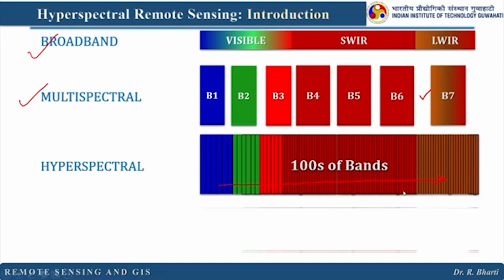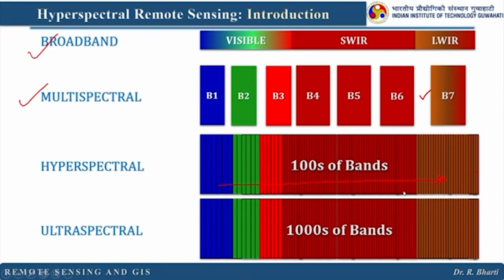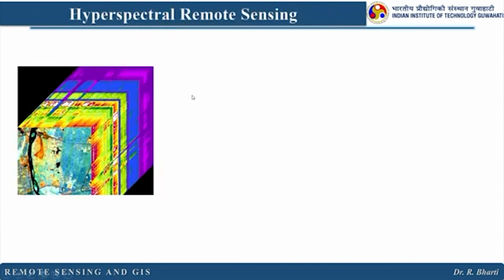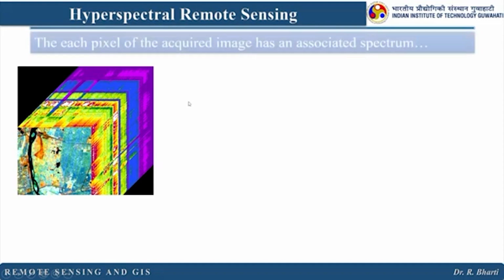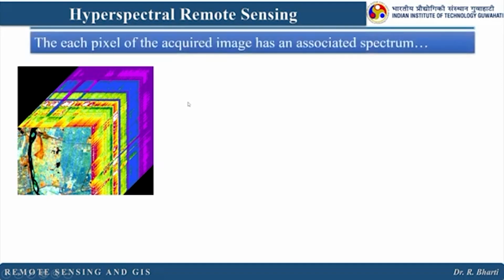Now, the fourth case is ultraspectral. In ultraspectral, again there will be no gap between the bands, but here the numbers will be on the order of 1000, right.